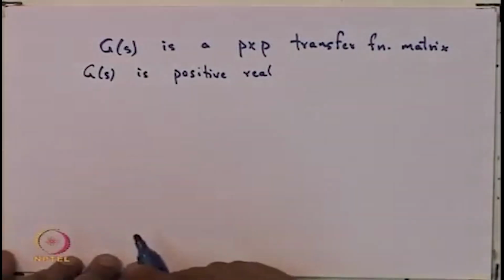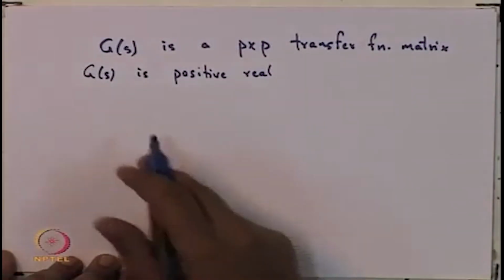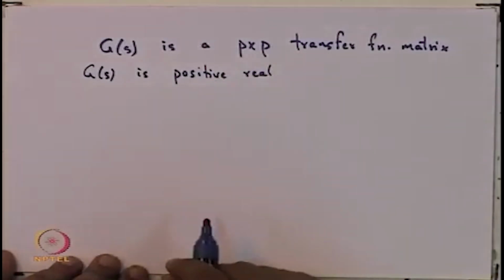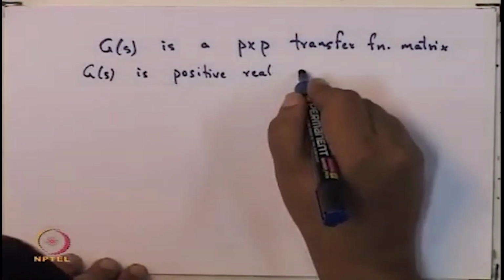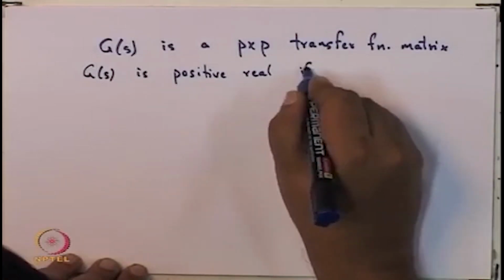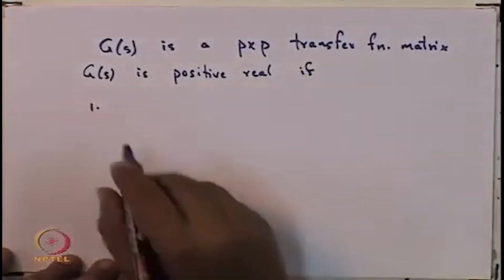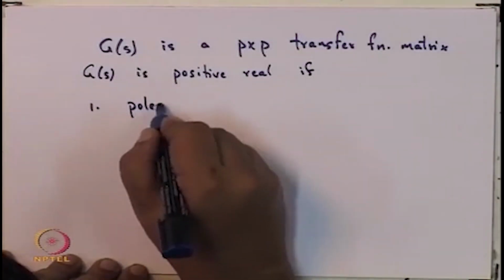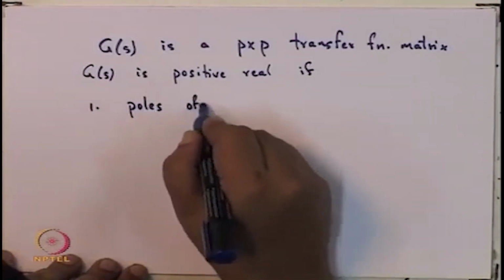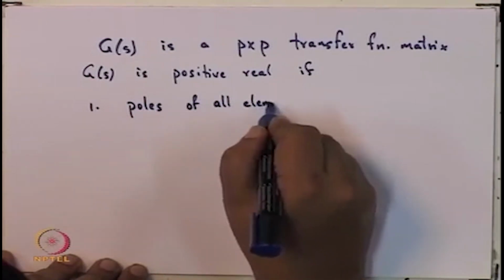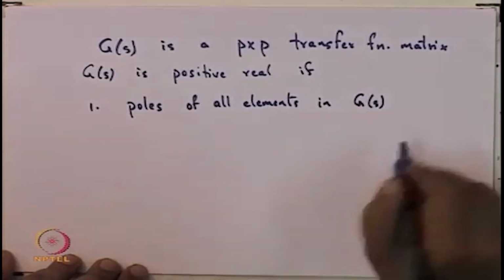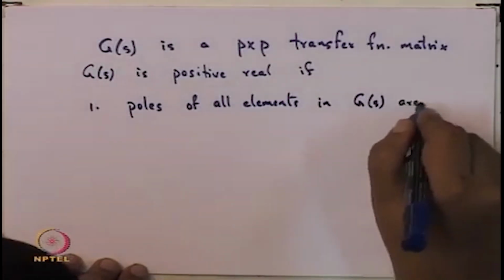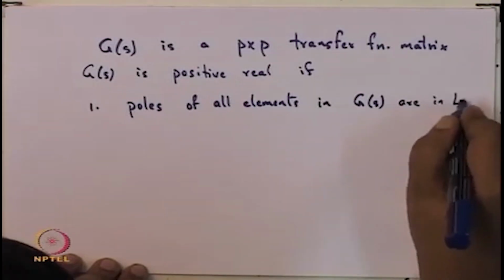So, just like what I said in the 1D case, here also in the multiple input multiple output case there could be other opinions, but I am just sticking to this for now. Okay. G of S is positive real if, number one, the first condition is poles of all elements in G of S are in the left half plane.